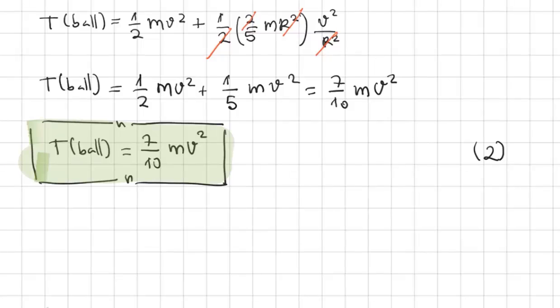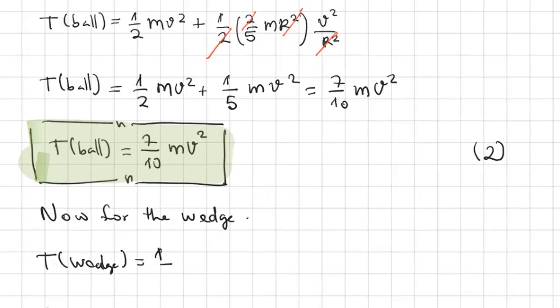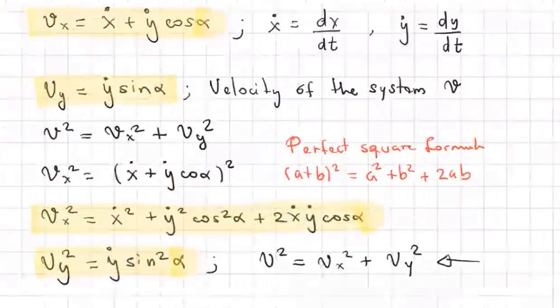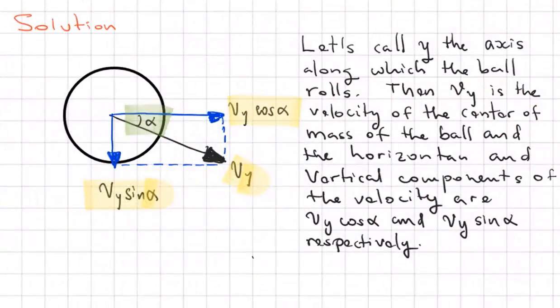Okay, now we want to calculate the kinetic energy for the wedge. The kinetic energy for the wedge is equal to 1/2 of the mass of the wedge plus the mass of the ball multiplying the velocity of the wedge squared. Okay, this is the total mass because the whole thing is moving together. I mean, the wedge is moving to the left according to the illustration of the problem, as you can see here on the figure.